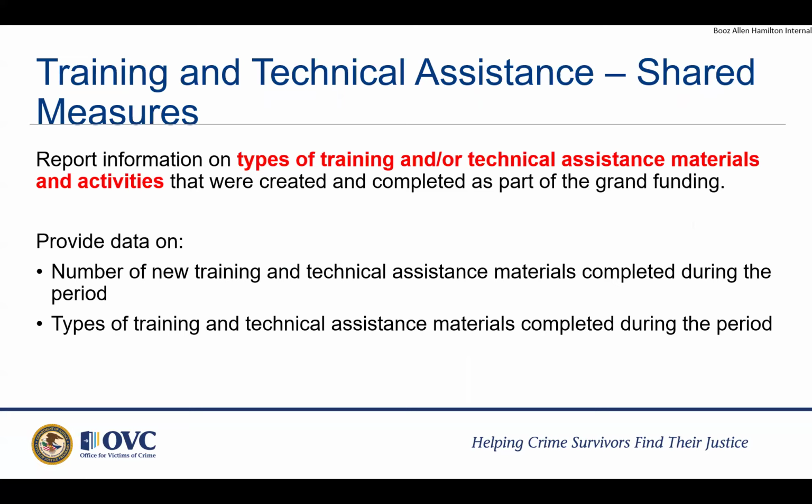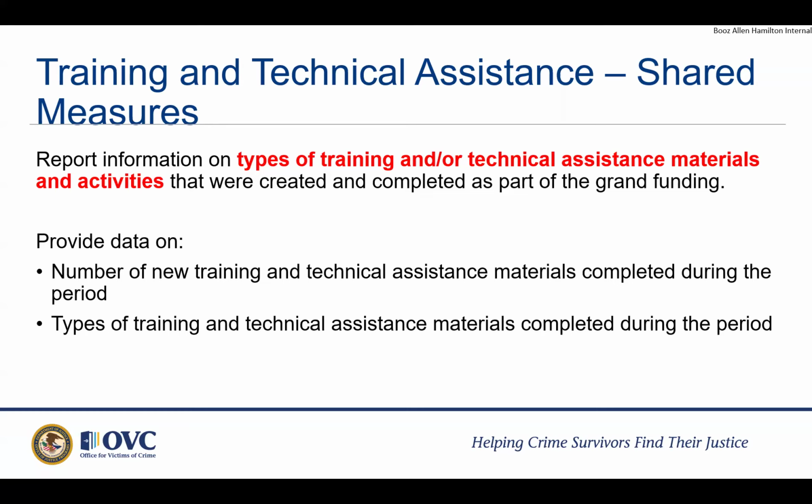And for the other shared measures, training and technical assistance measures. Technical assistance differs from training in that it's customized for the needs of a particular group providing services of some kind.